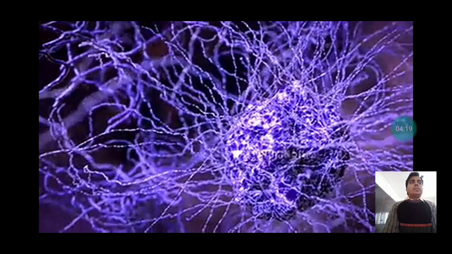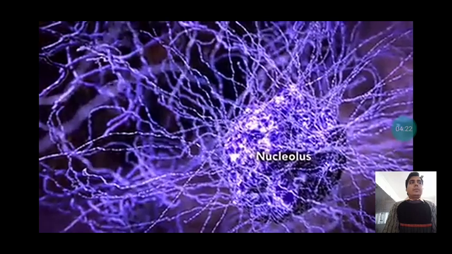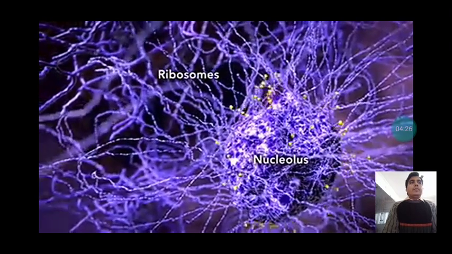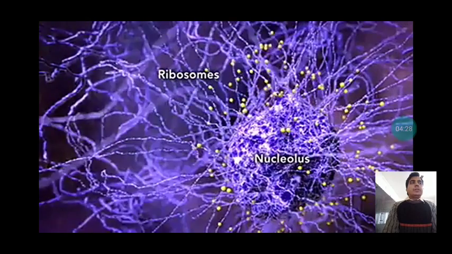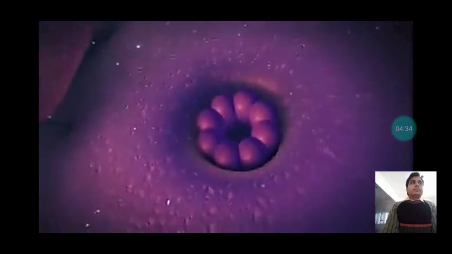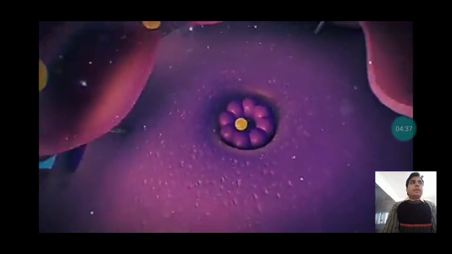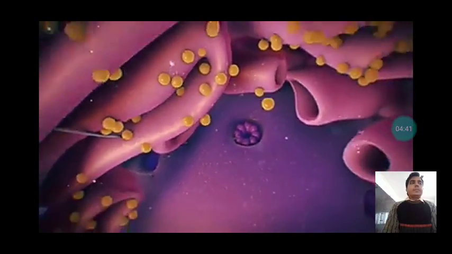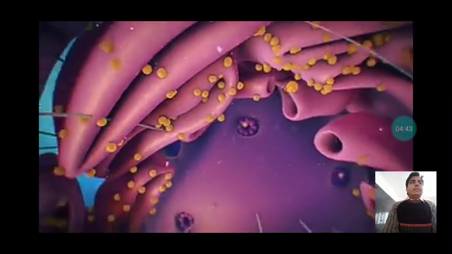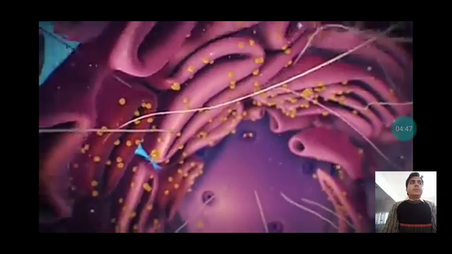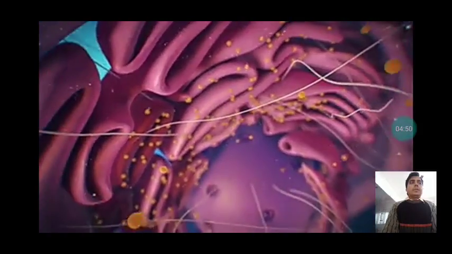The nucleus also contains a nucleolus, which is a structure where ribosomes are made. After ribosomes leave the nucleus, they have the important job of synthesizing, or making, protein.